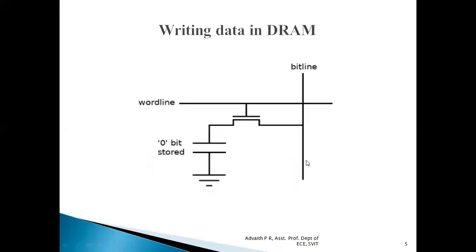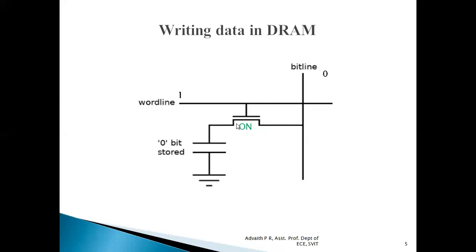Similarly, let us consider how logic level 0 is transferred. Let us consider the word line is 1 and the bit line is 0, logic level 0. When the word line is 1, the gate terminal of this NMOS transistor is connected to logic level high, so the NMOS transistor is on. And when the NMOS transistor is on, a connection is established between the source terminal and the drain terminal.